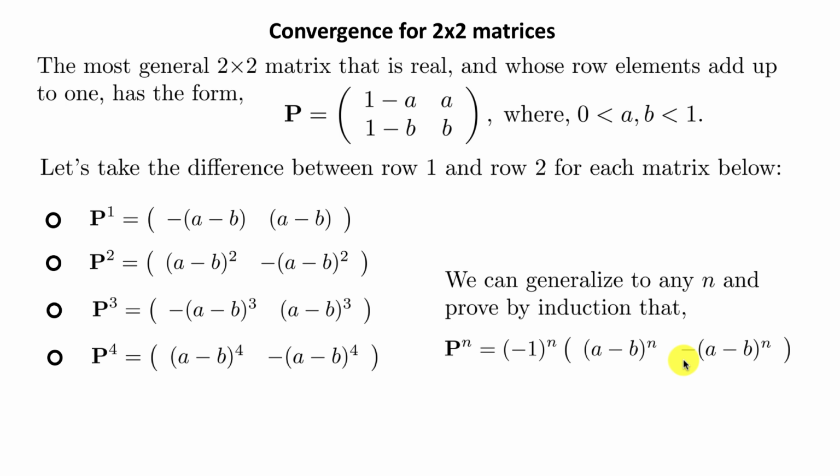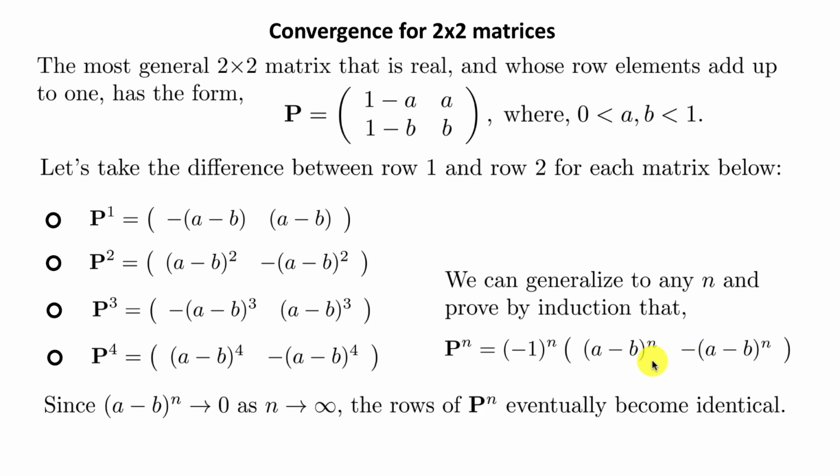So we have actually proved the theorem because (a minus b) to the power n goes to 0 as n goes to infinity, because a minus b is less than 1. Hence, the rows of P to the n eventually become identical.